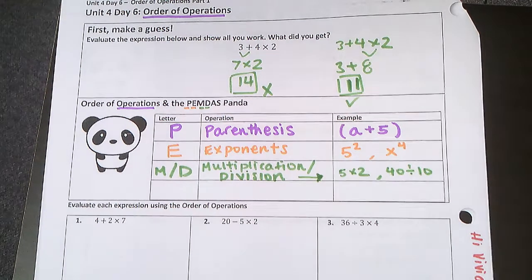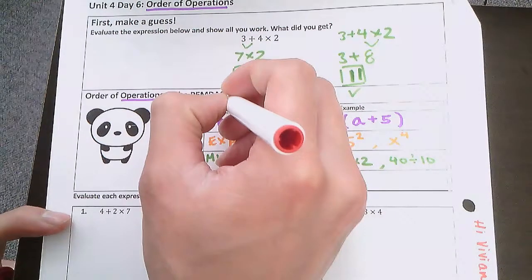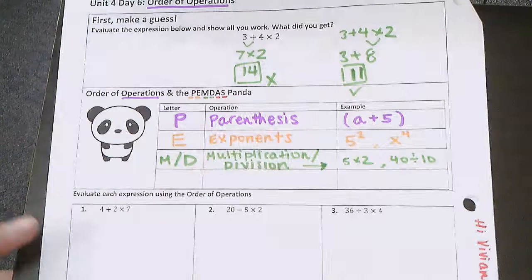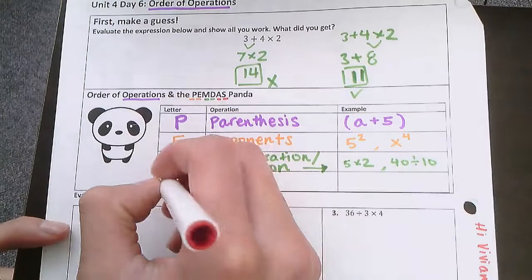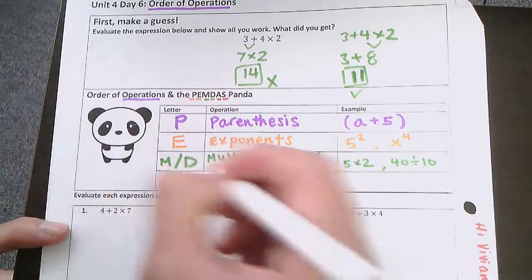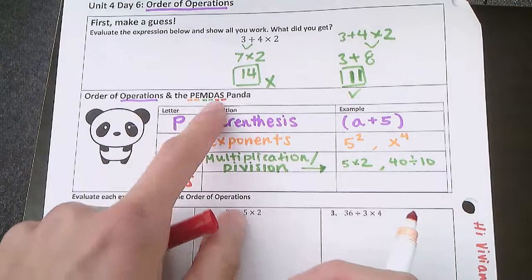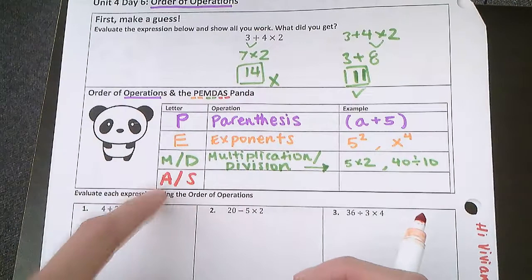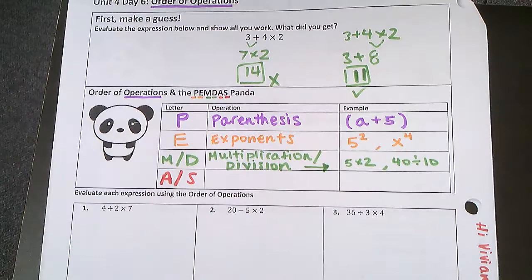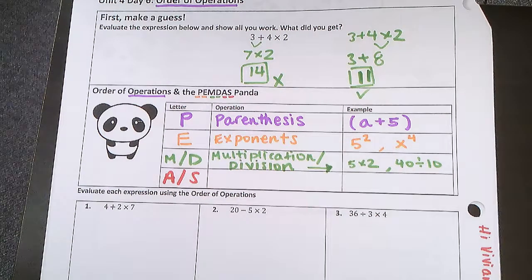Got that one down. And the last one that we're going to do is our A and our S. So let's write that in. A and then S. So all together, think PEMDAS, P-E-M-D-A-S. That tells us our order, and it kind of sounds like panda. PEMDAS, panda. That's why I have a little panda here.